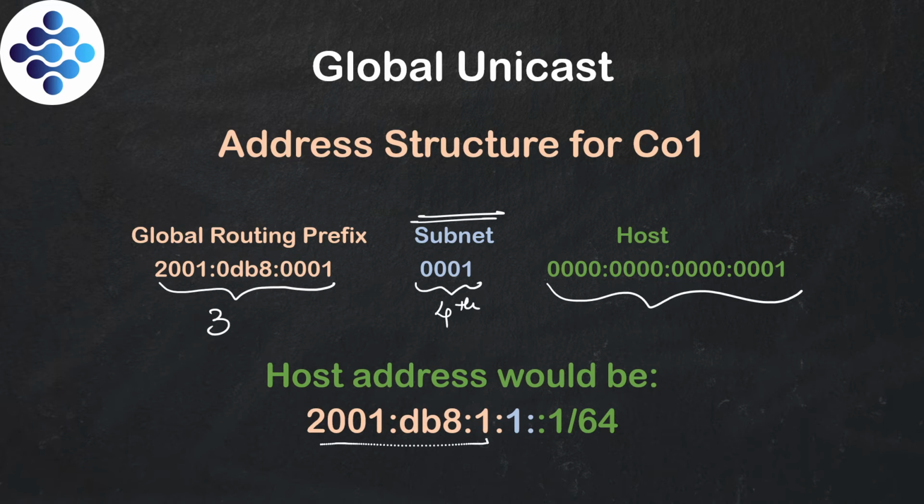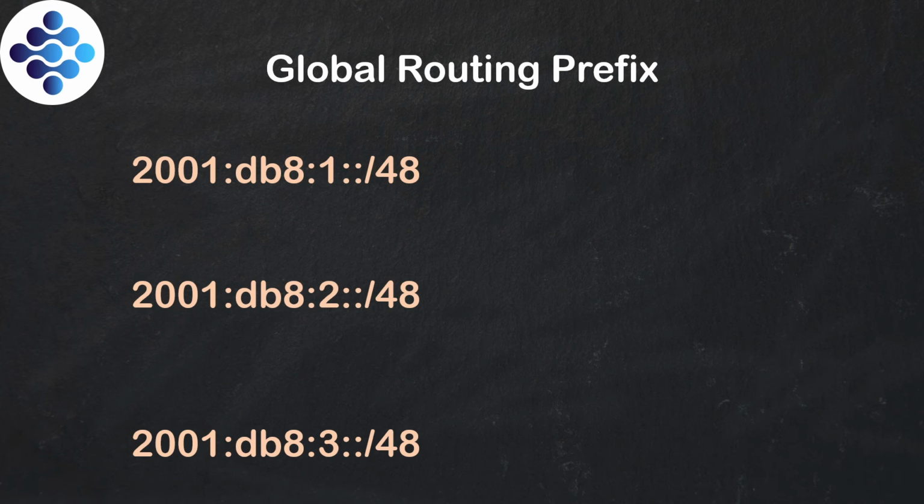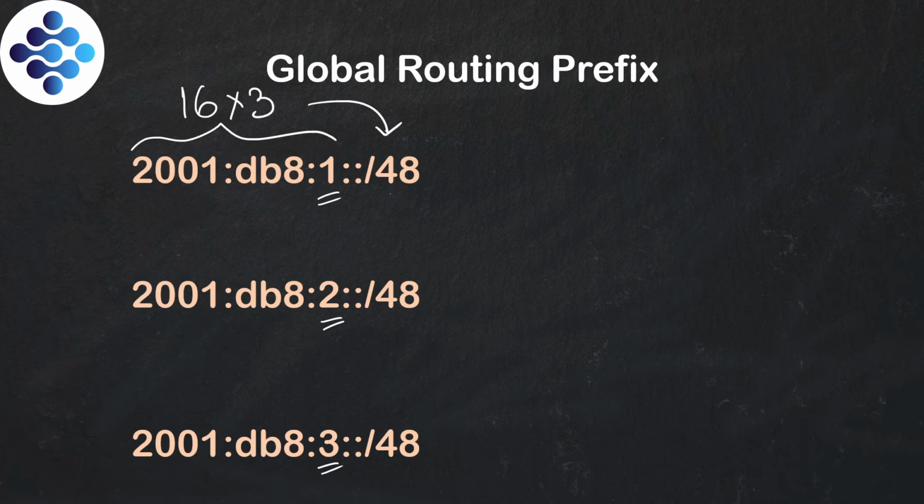This much is global routing prefix. Then we have got the subnet, and finally the host. /64 tells that first 64 bits are fixed. So these are some similar examples: company 1, company 2, company 3, and because 3 groups are involved, that's why 16 into 3, that's 48.